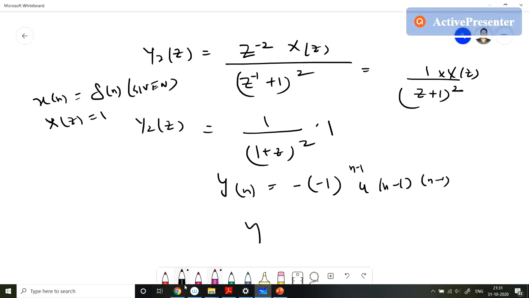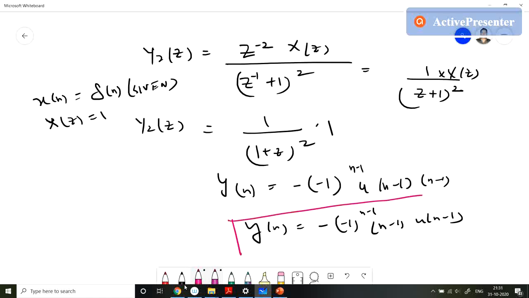It is better to write it this way: minus of (minus)^(n minus 1) (n minus 1) u[n minus 1]. Please check this, we have solved this type of question earlier also. So this is our y2[n].